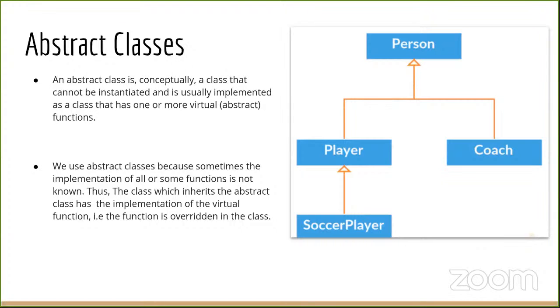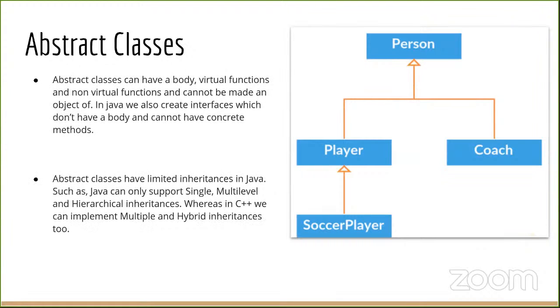So basically, a person would have some similar functions which can be implemented by player, but would not know the exact implementation for player or coach. So they will be overridden, and hence the player will add its own implementation. So yeah, next slide please.